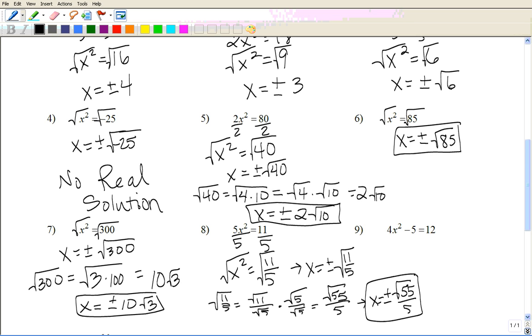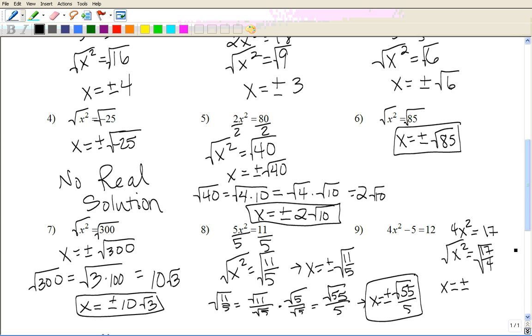Okay, number 9. First we need to add 5 to both sides and then divide by 4. Okay, now when I take the square root of both sides, I'll get x equals plus or minus.